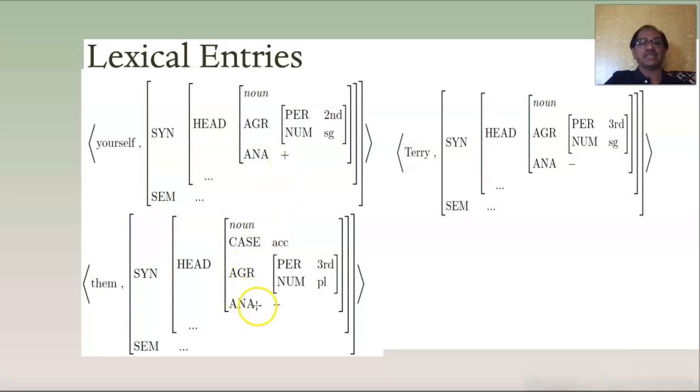And when you look at a name, which is again non-reflexive and non-pronominal, its head value is noun and it has its own AGR features. Then the anaphor feature is minus. So only categories or words which have anaphor plus are reflexives, and as we said, each other and one another, reciprocals.